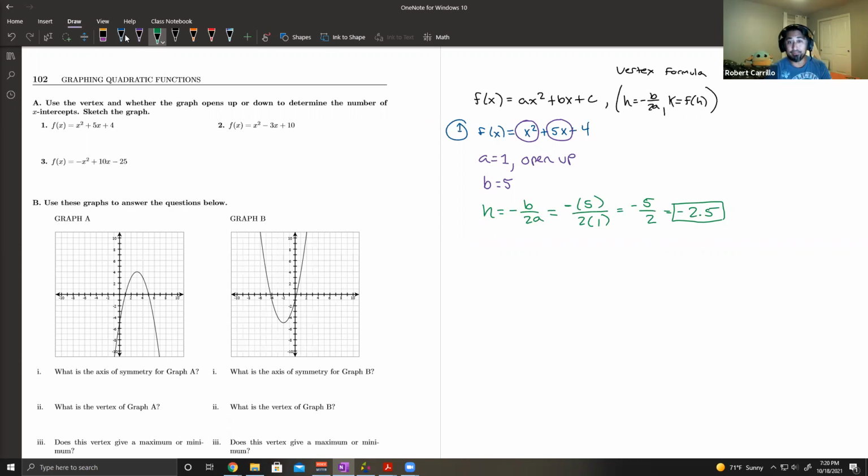Now, to find k, we are going to take negative 2.5 and plug it in to this function for every x. So to find k, we're going to say f of negative 2.5 and plug it in for all our x values. Negative 2.5 squared plus 5 times negative 2.5 plus 4. All right, and calculate.